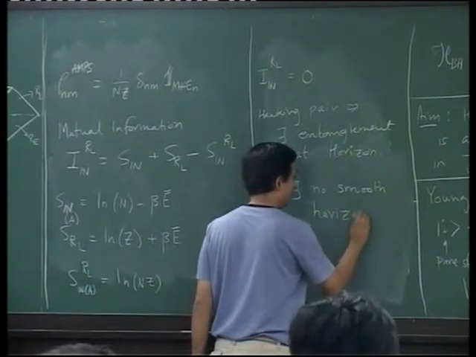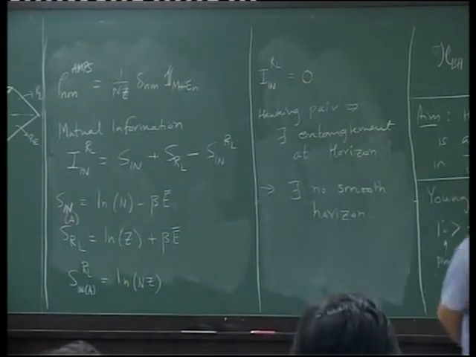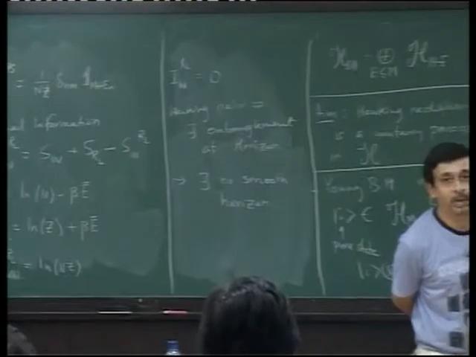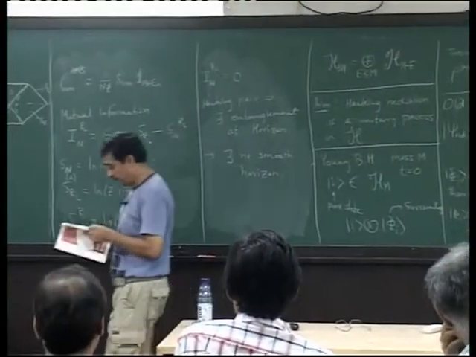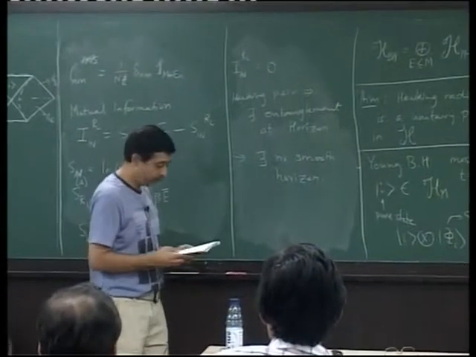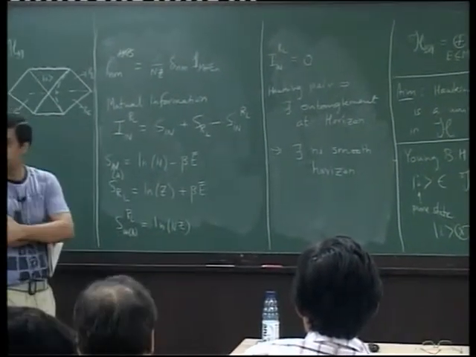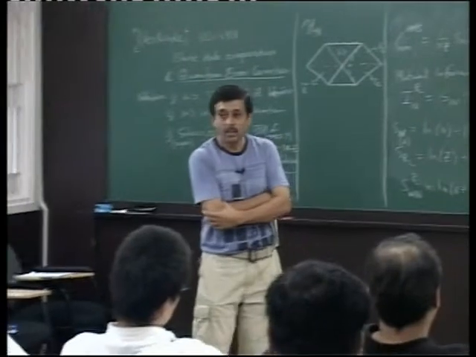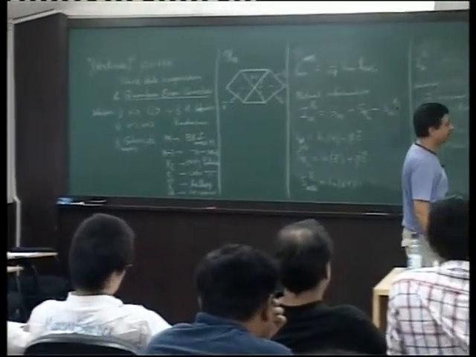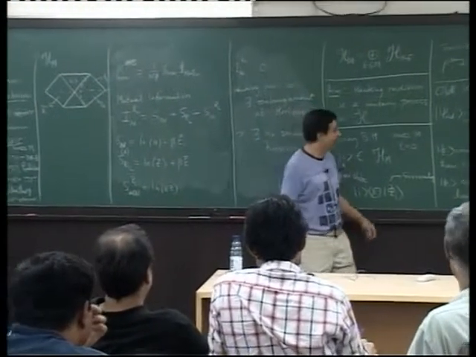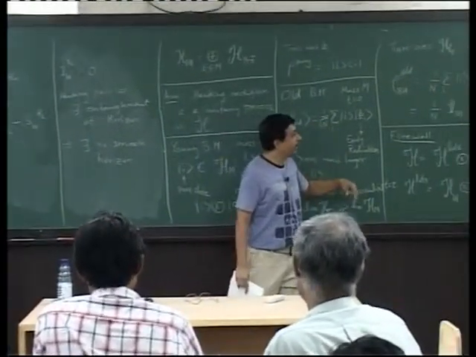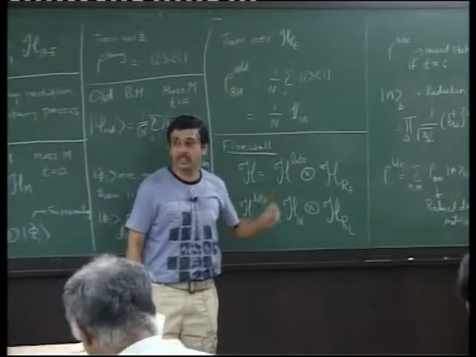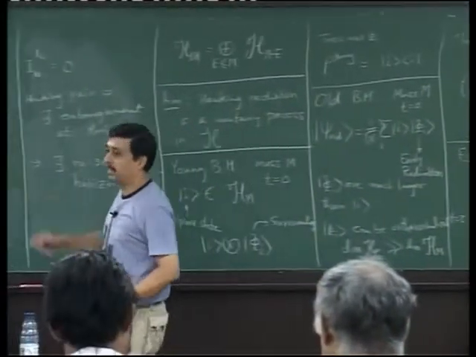Yes, this is the mutual information between the late radiation and the black hole. Sorry? Oh, the flaw is, I mean, there can be several flaws, but one of them is that if you grant that this is maximally entangled, then after the radiation you cannot say that the next state is again mostly like this.